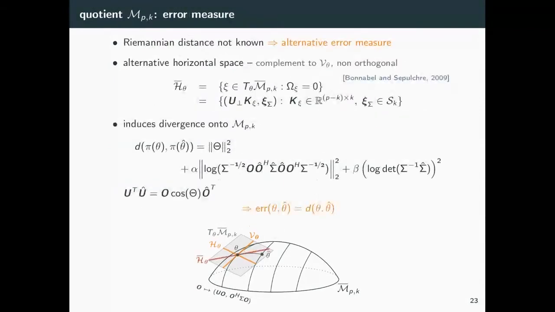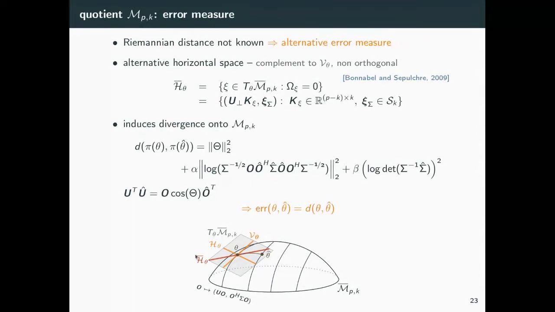Okay. So the problem that we have is that the Riemannian distance is not known in this space, and to deal with this issue, in fact, what Bonnabel and Sepulchre proposed before, is to consider an alternative horizontal space.